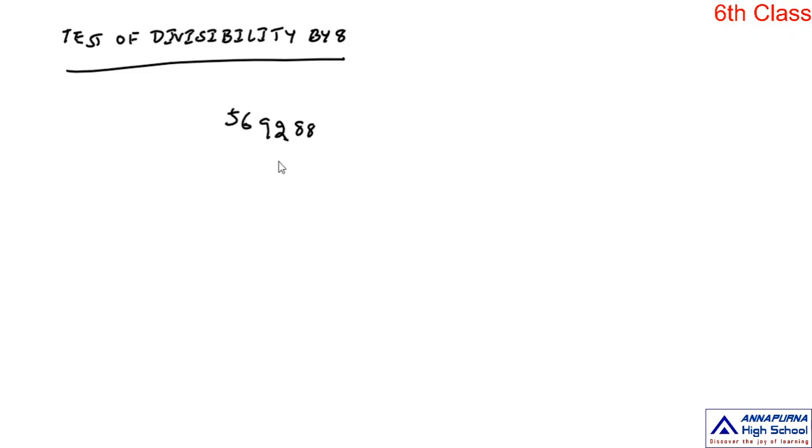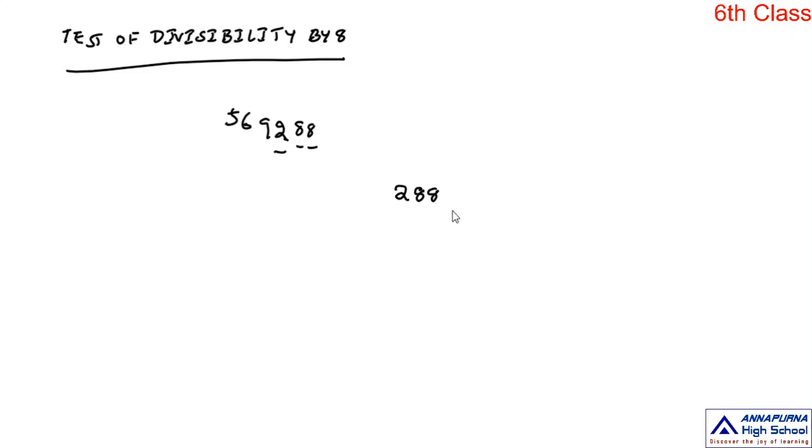The number formed by hundreds, tens and units digits is 288. It is divisible by 8. The entire number 5,69,288 is also divisible by 8.